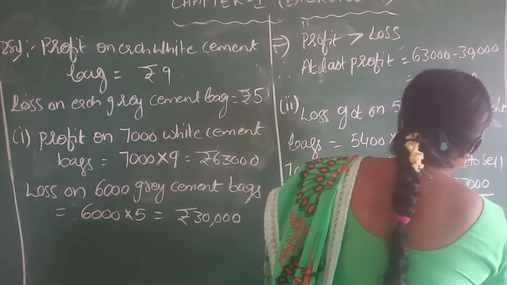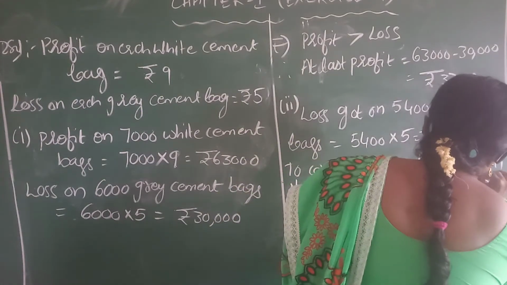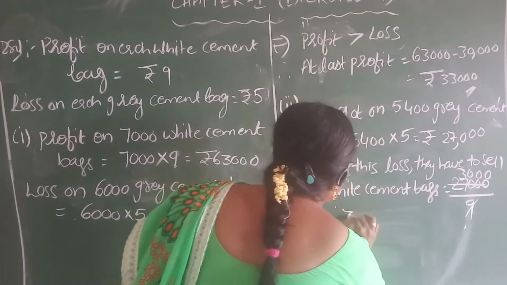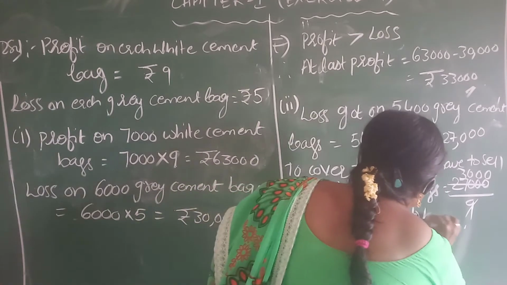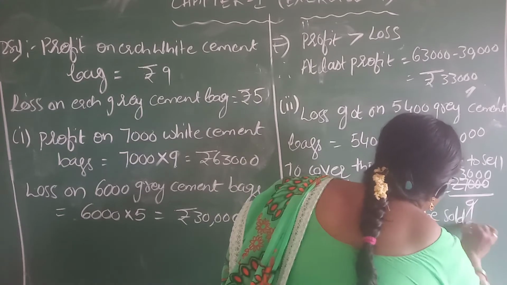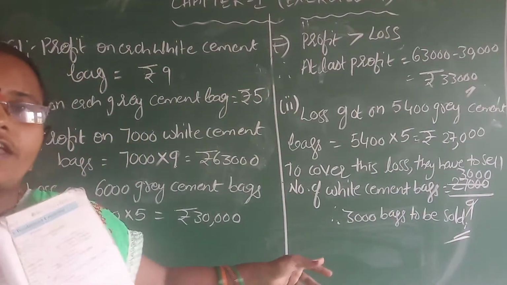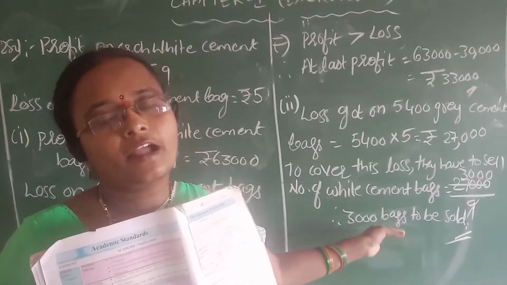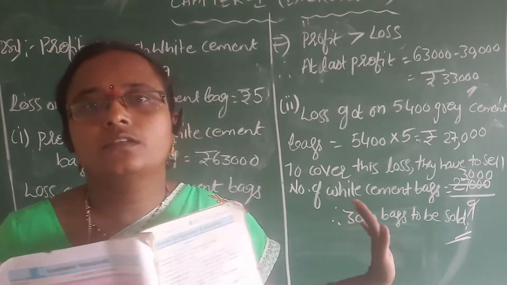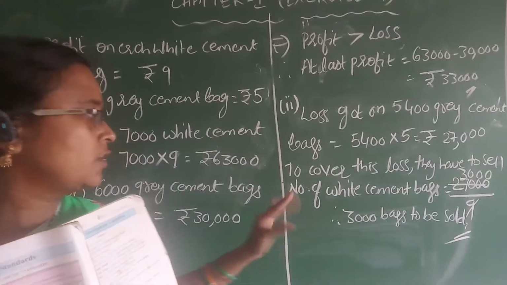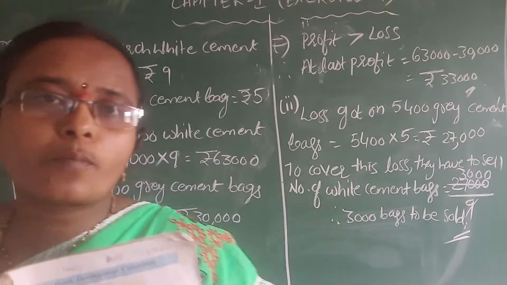Okay? 9 1 9, 9 3 is 27, 0 0 0. So therefore 3,000 bags to be sold. So if they are selling the 3,000 bags, they can cover the loss. Either they do not get the profit nor they get the loss. Okay students, I think you understood this problem. Make a note of this problem everyone.